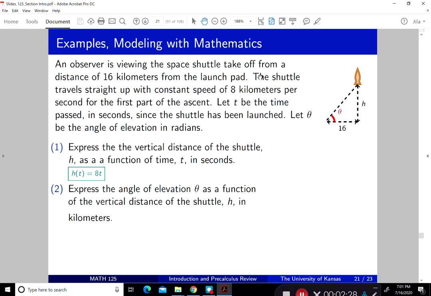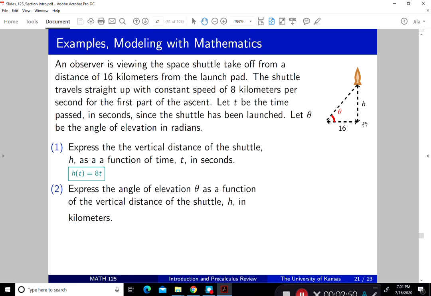Okay, so this one was something we knew from the past, how to relate the constant speed to the distance traveled, and in here h is the distance traveled. Now this part of the question is asking to relate theta and h. Theta is over here and h over there.